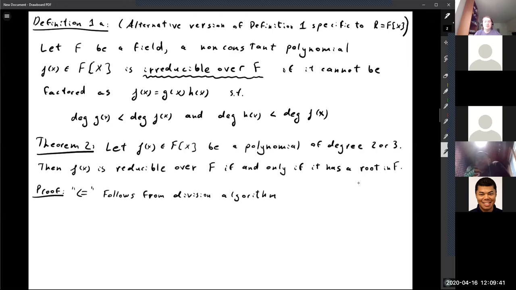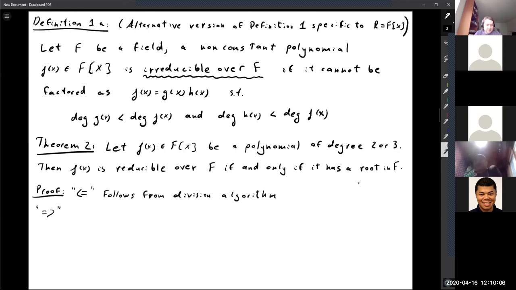So suppose it has a root, then it's definitely divisible by some linear polynomial, right? And because the degrees of the product of non-zero polynomials over a field just add up, this gives us the statement. Now, the direct implication is actually much more interesting.